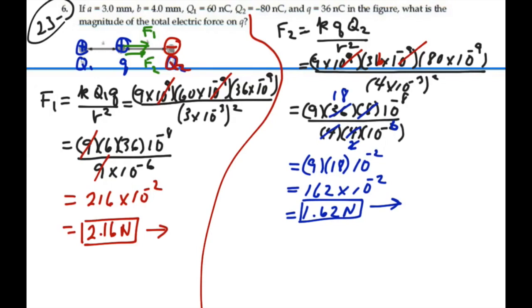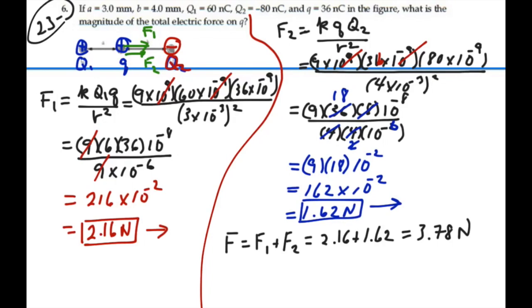So these two forces add together, F1 plus F2, and that's equal to 2.16 plus 1.62, which would be 3.78 newtons to the right.